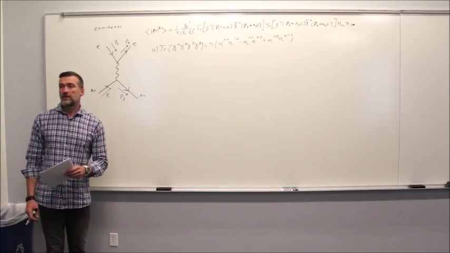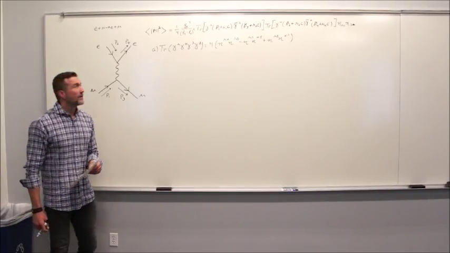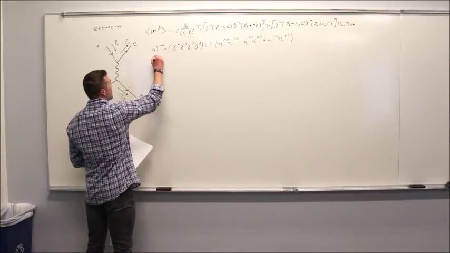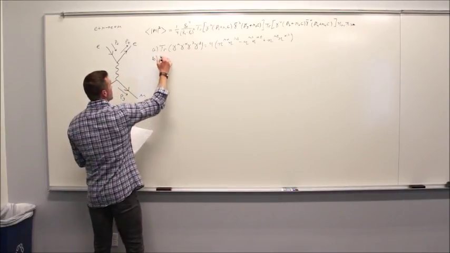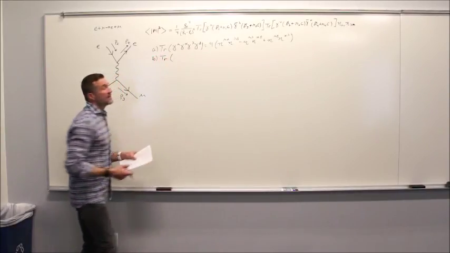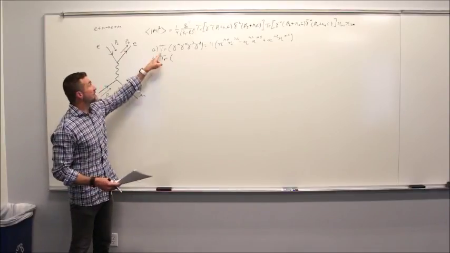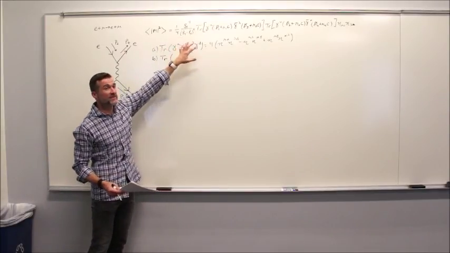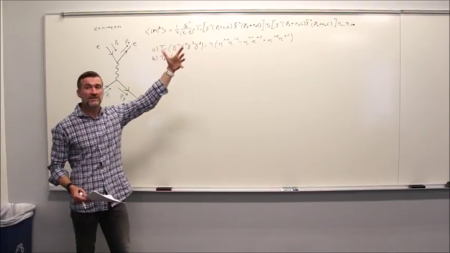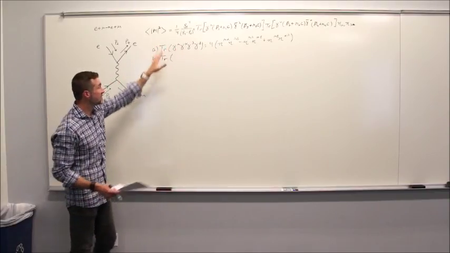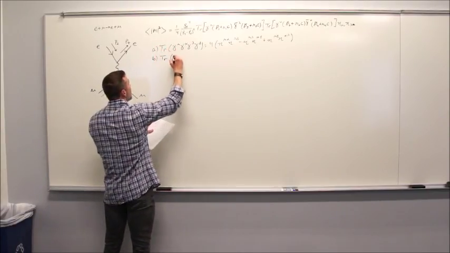Everybody remember that? Okay, good. Notice this is a trace over spin space. These are all matrices in spin space, so a product of 4 matrices in spin space is a matrix in spin space, and this is the trace over that resulting matrix.